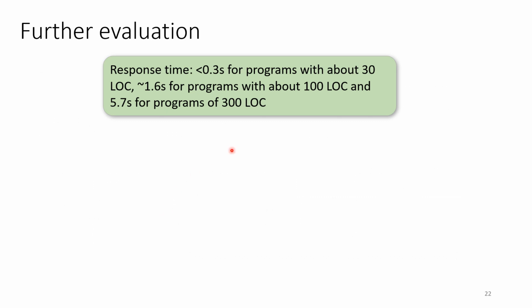We also evaluated the response time of our approach. For programs with about 30 lines of code, it takes about 0.3 seconds. And for programs with 300 lines, it takes about 5.7 seconds. Even though it takes quite some time, we think that this time pays off for the users, as it usually takes much longer to fix the type error.